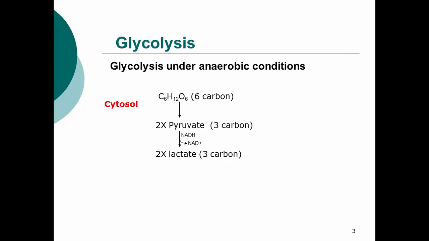One 6-carbon glucose molecule can be oxidized through the glycolytic pathway in the cytosol, producing 2 pyruvate molecules. Pyruvate under anaerobic conditions is converted to lactate.